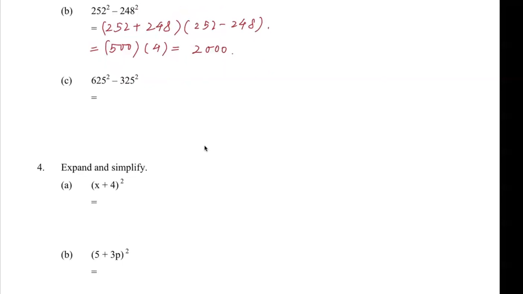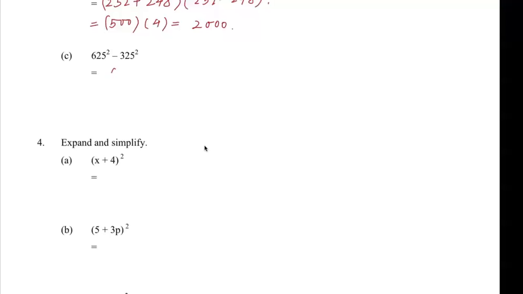C, 625 squared minus 325 squared. This can be written as 625 plus 325 times 625 minus 325. 625 plus 325, that'd be 950.